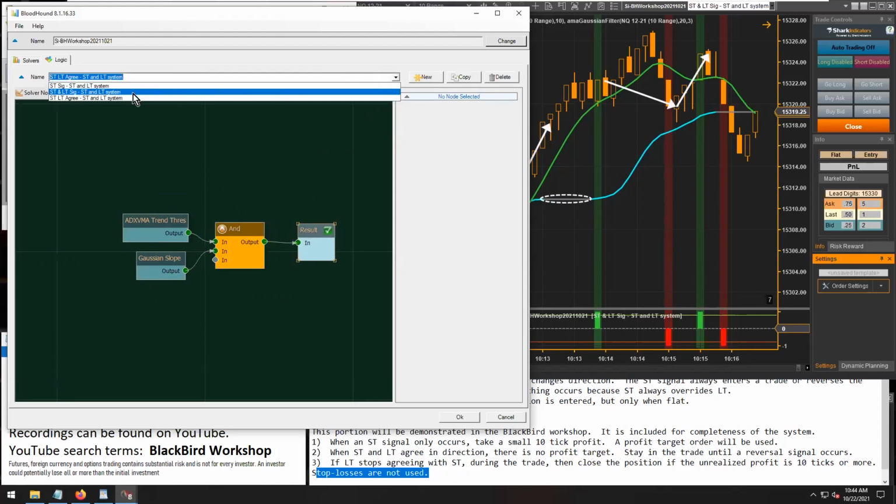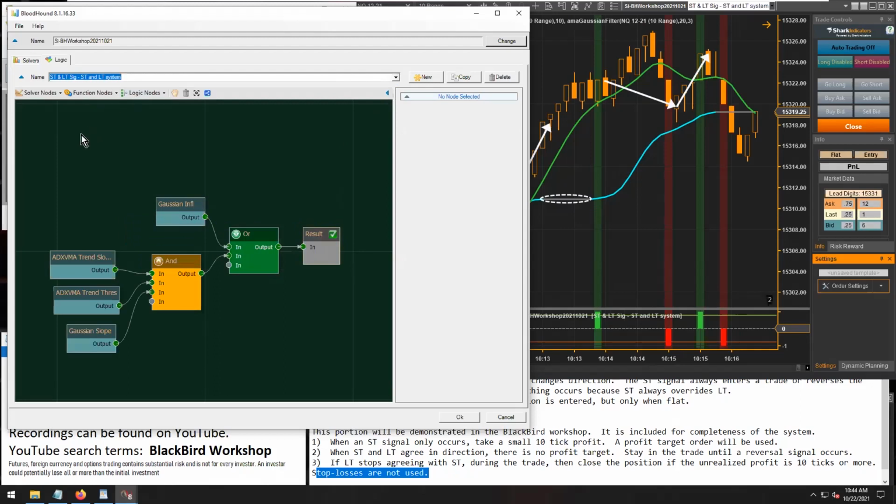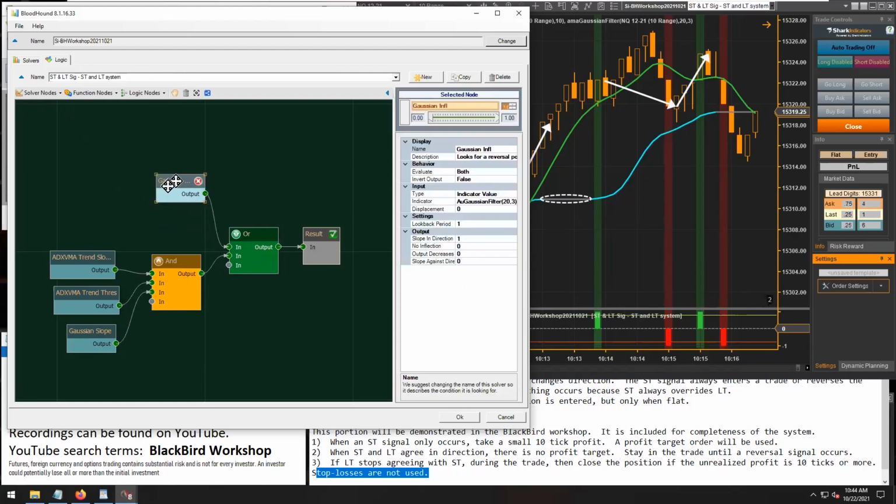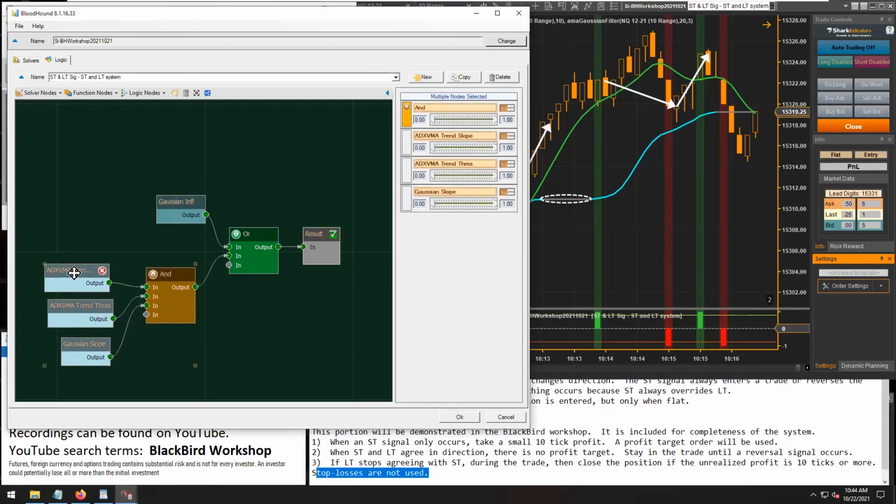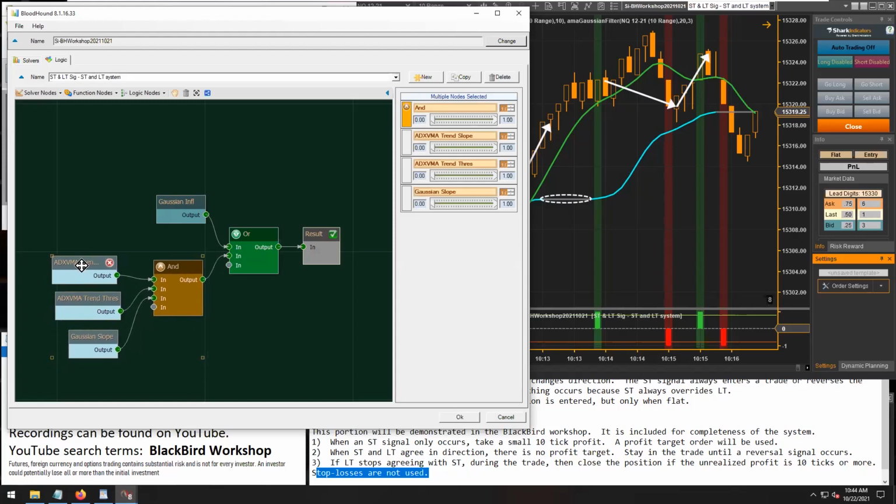Now, for the entry signals, this is the short-term and the long-term signals there, right? So this guy is providing the short-term only entry signals, and this AND node and this group is providing the short-term and long-term signals, right?